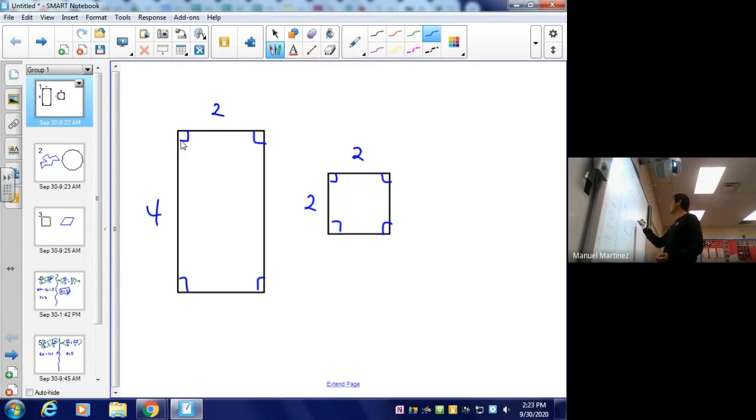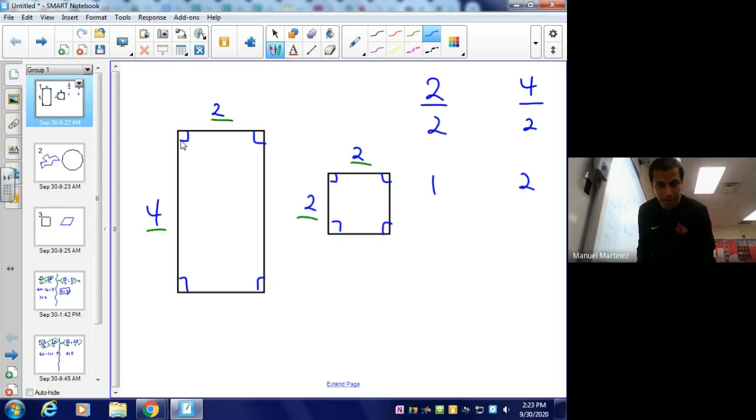Because if you compare corresponding sides, you would have to set up your ratios. Your first ratio is 2 and 2. The other ratio is 4 and 2. If you simplify, you're going to get 1 and you're going to get 2.